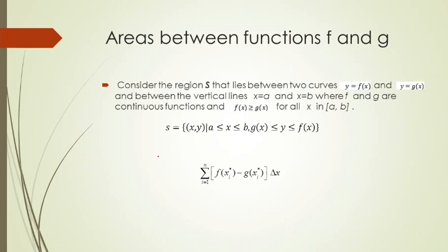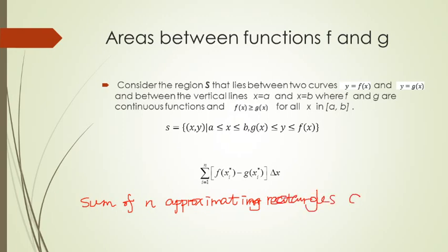This gives the sum of n approximating rectangles' area, the Riemann sum.